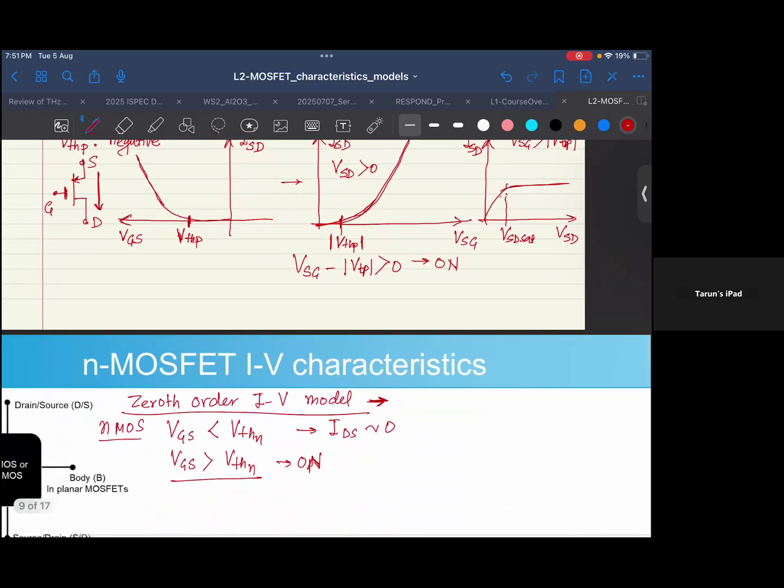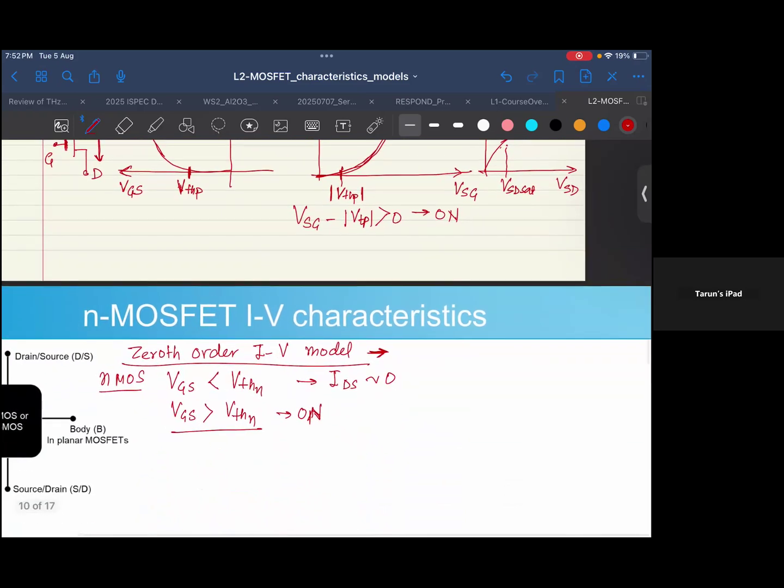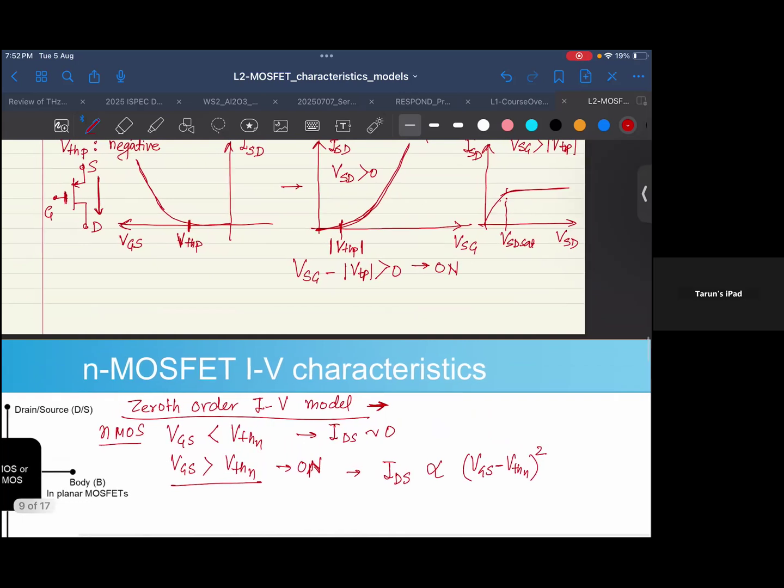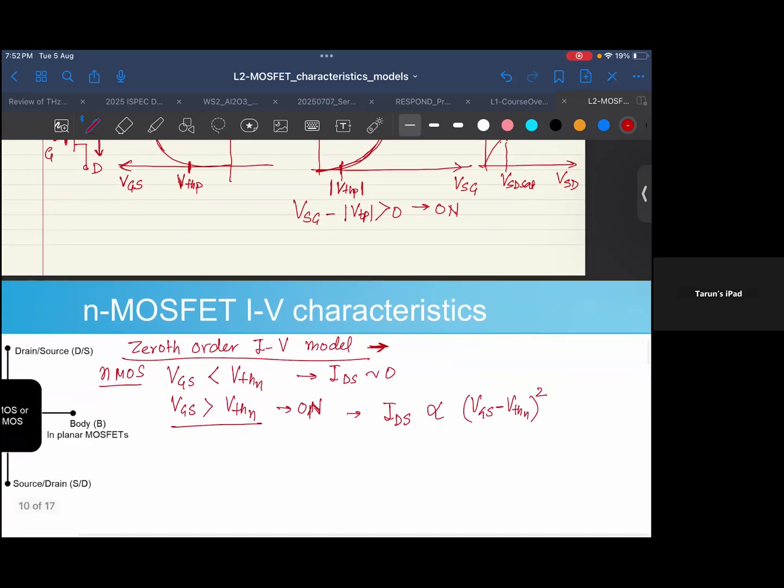And that brings us to the first model, that your IDS is proportional to this VGS minus VT, and when we look closely, this follows a quadratic relation, right? This comes as a result of the IDVG characteristics. Now there is a proportionality constant which we'll look at later.